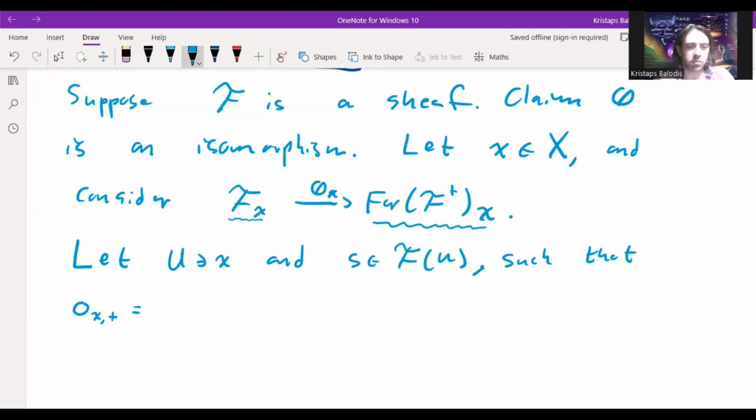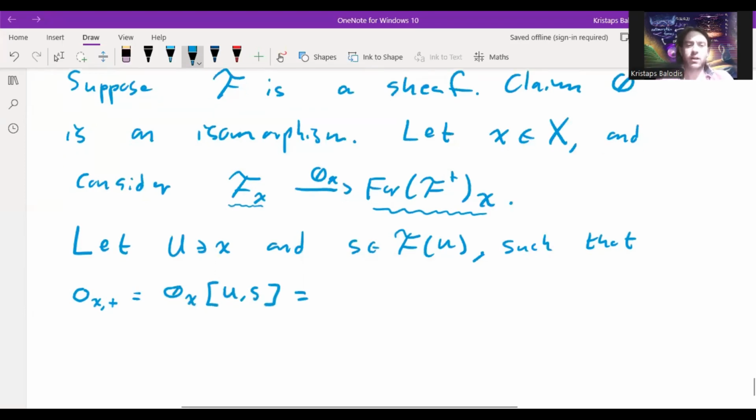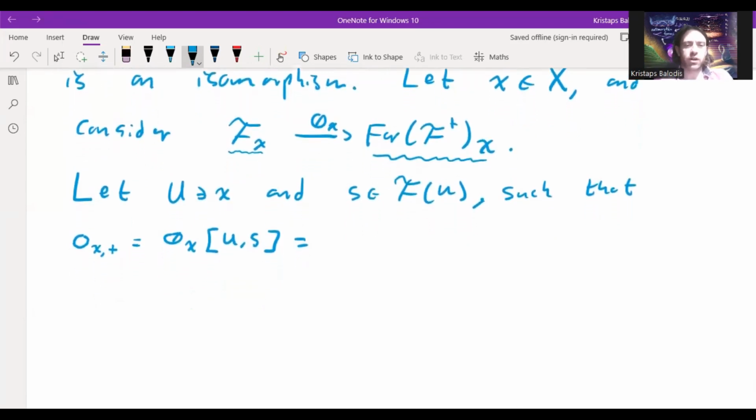So that had better be what we get when we apply theta sub x to this equivalence class. And remember that this equivalence class is just, by definition, we take the same open set and we apply theta sub U to s, right?